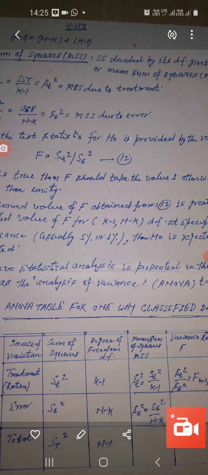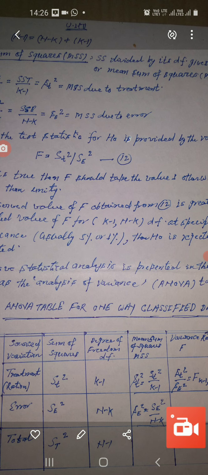If you find the tabulated value of F for given degrees of freedom, and this tabulated value of F is less than the calculated value of F, then the hypothesis is rejected, otherwise accepted.